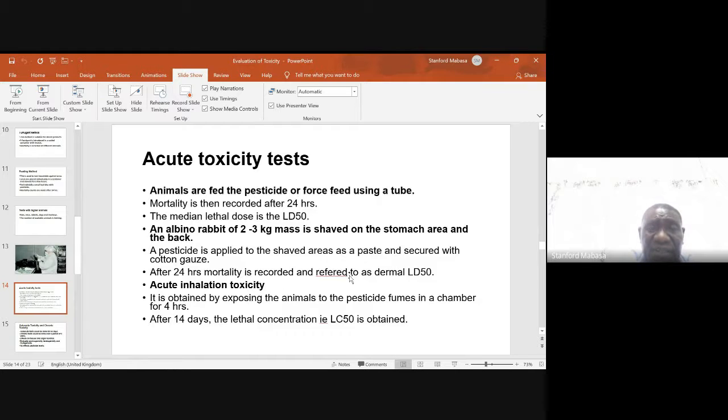So far we've tested what is known as acute toxicity if the pesticide is eaten. Then the other toxicity is when the pesticide comes into contact with the animal or with the human being. Then there's also acute inhalation toxicity. This is like pollution now.